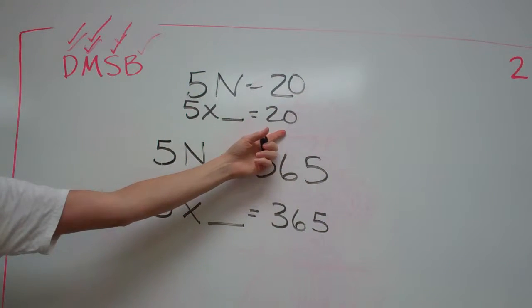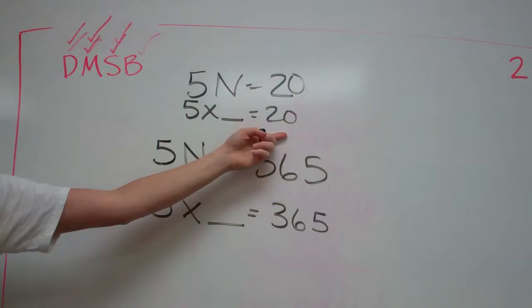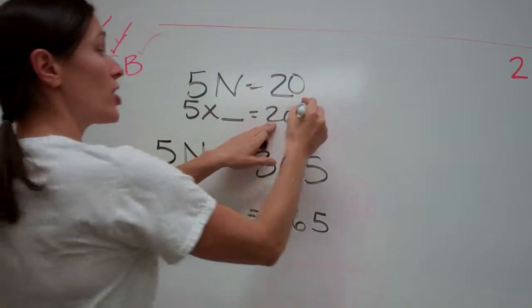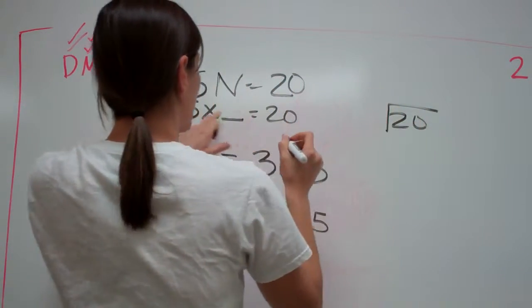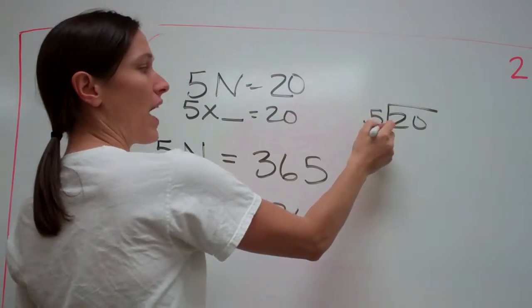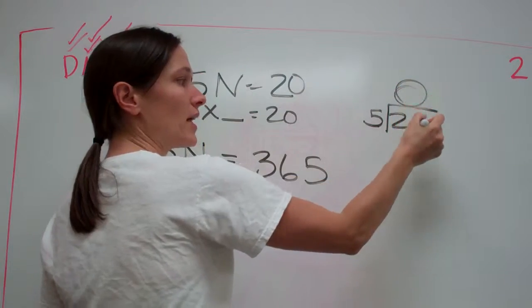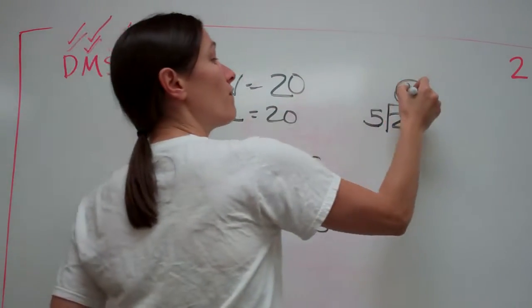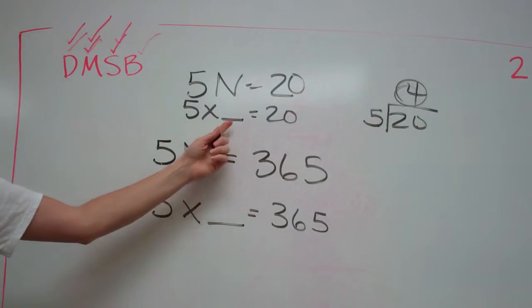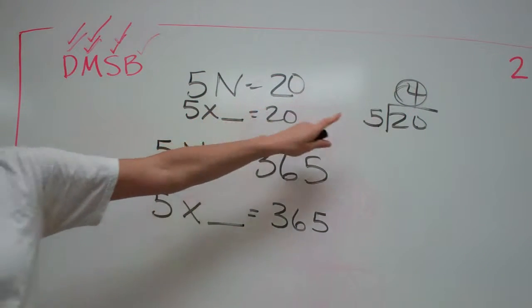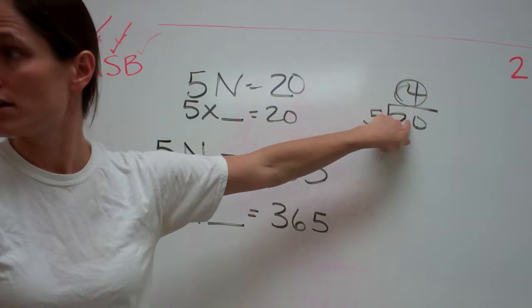See how many times 5 goes into 20. You just know it, but what you're actually doing is dividing. So watch what I do. You would go 20 divided by 5, and you would go 5 times what equals 20? 5 times 4, right? So we figured out what this number is by dividing, didn't we?